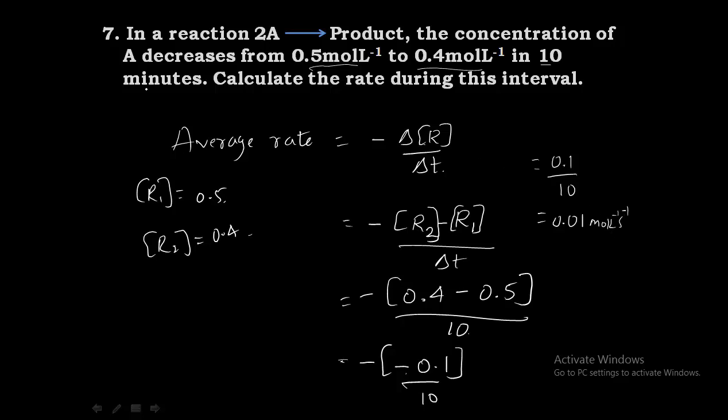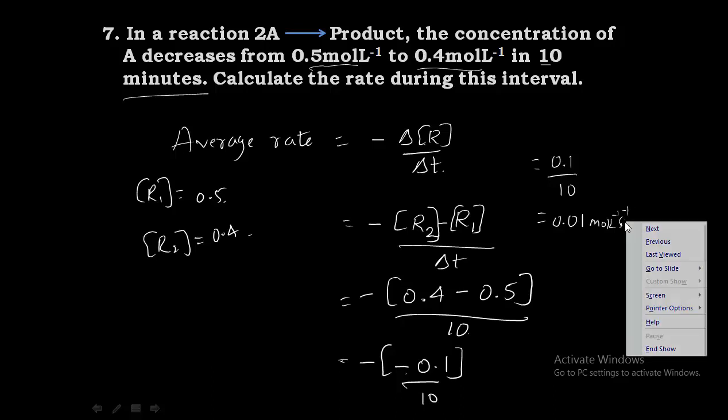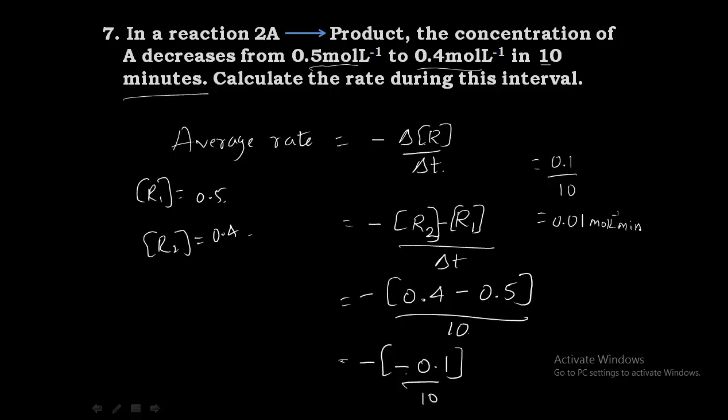But here time is given in minutes, so instead of seconds, you have to take per minute. Therefore the rate during this interval is 0.01 mole per liter per minute. So this is the answer.